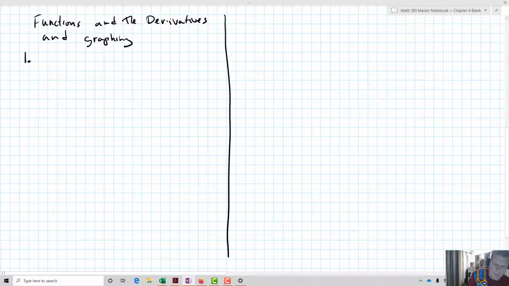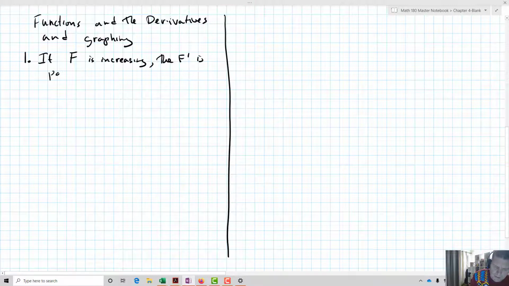Well, we can first start with the fact that if big F is increasing, then F prime is positive. If you remember, that means if the derivative is positive, then F is increasing.